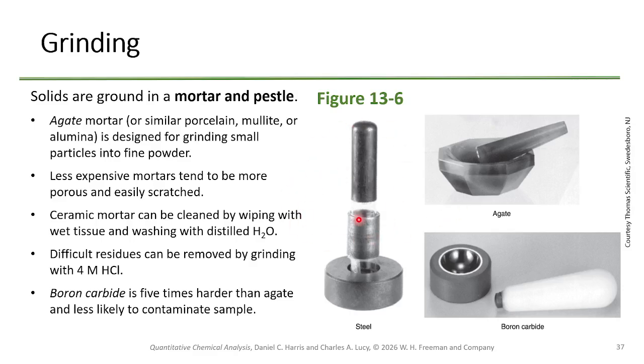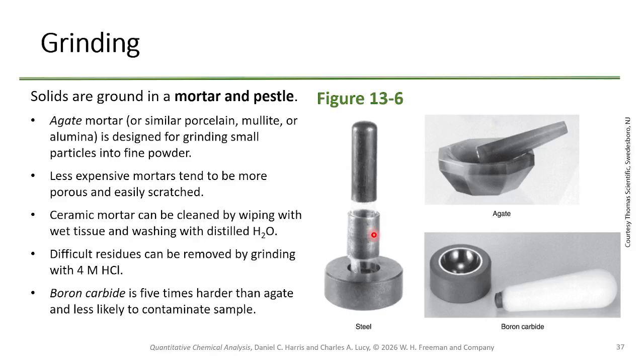Now, note that mortars and pestles come in a huge variety, okay? Because the hardness of your mortar and pestle very much does matter. So, for example, there are steel mortar and pestles. These are actually considered some of the softest mortar and pestles. They're very cheap, and they work very well, okay?